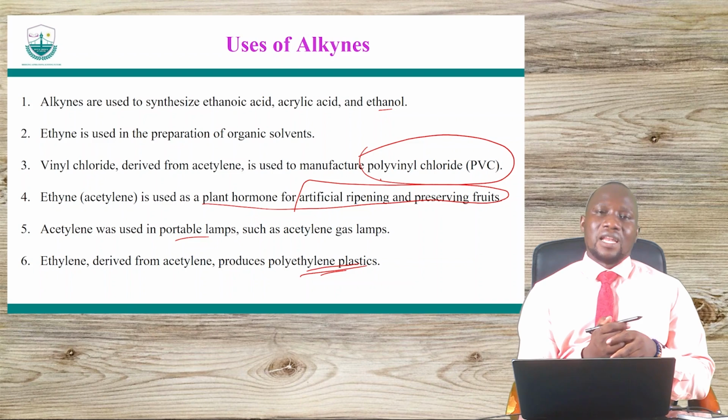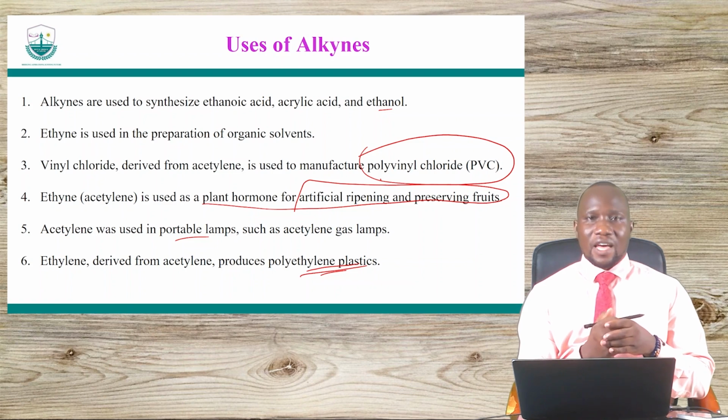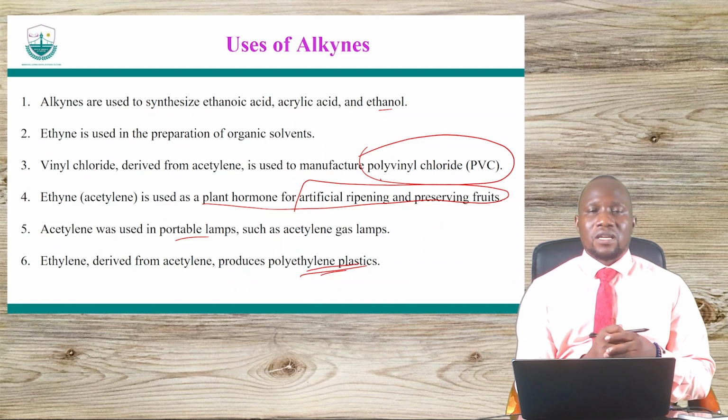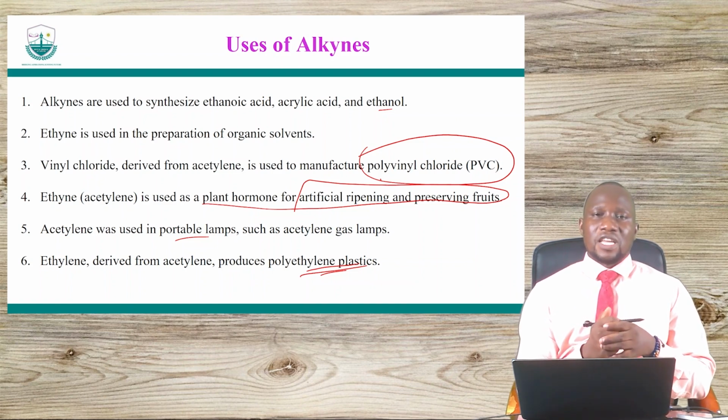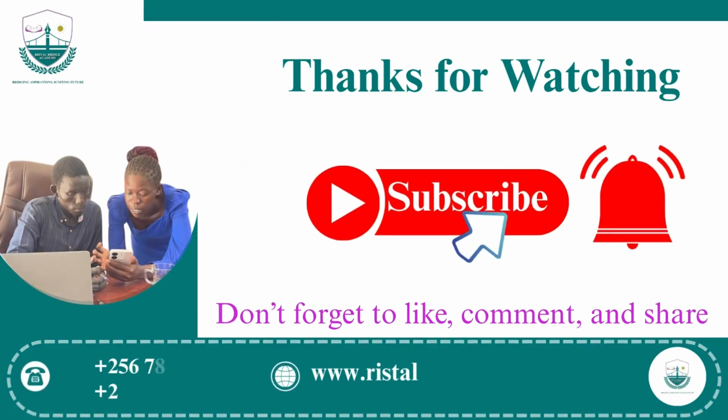We have also emphasized that ethyne can be prepared in the lab using calcium carbide and water. The water reacts with calcium carbide to form calcium hydroxide and ethyne. And we have just noted that alkynes can be used in a number of processes. Thank you.